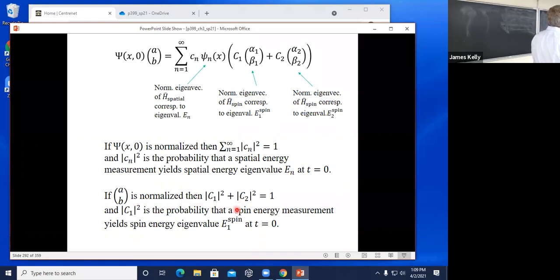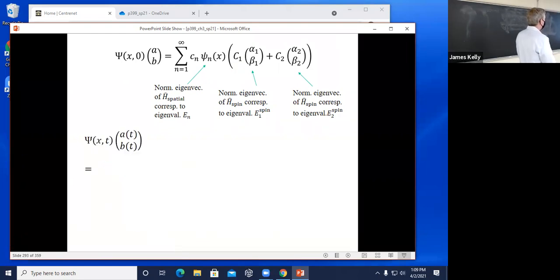If you measure just the spin part of the energy and it yields the first of the 2 eigenvalues at time t equals 0, it will do that with this probability. So the magnitude of these numbers squared has a probability interpretation too. Now, this all seems very complicated, but I'm going to try to pull it together so that we can just specialize to just the spin stuff, and we won't have to worry about the spatial stuff.